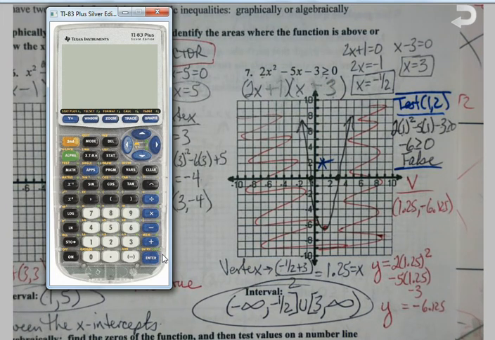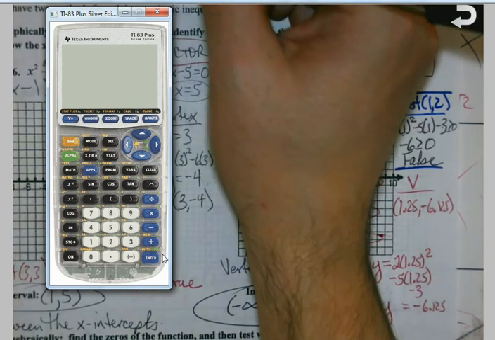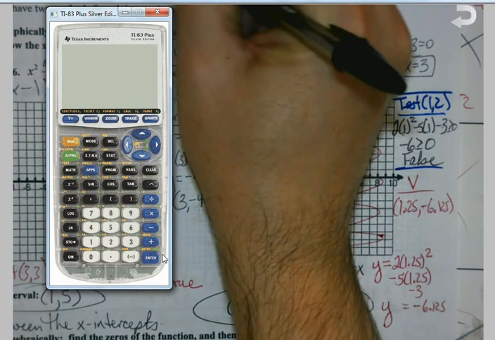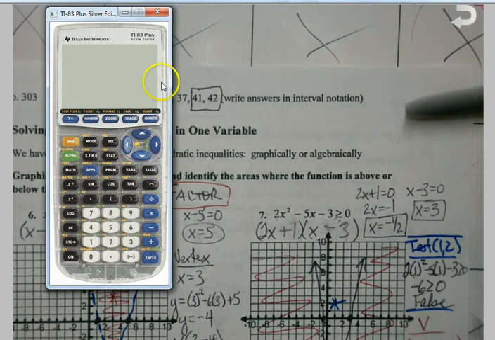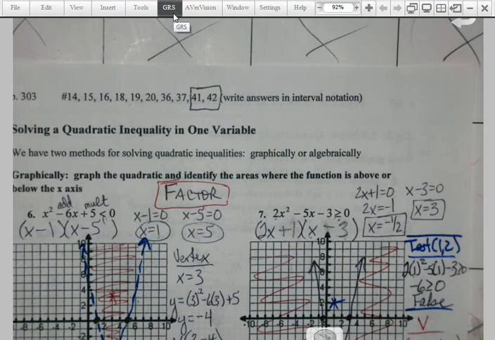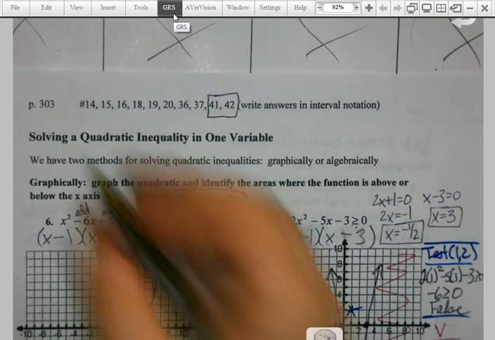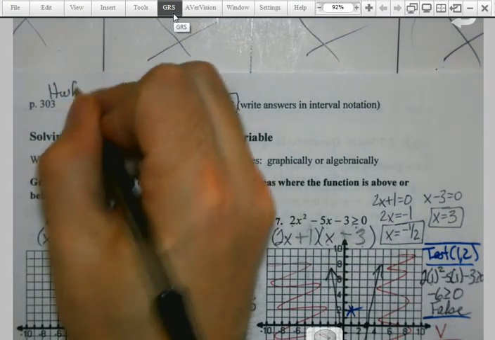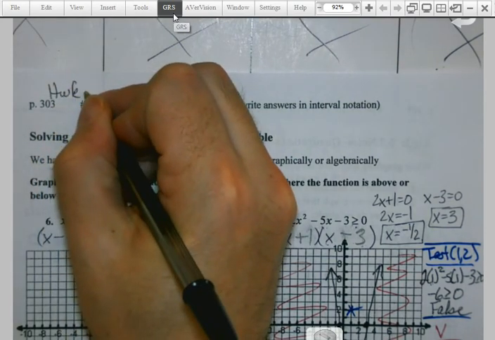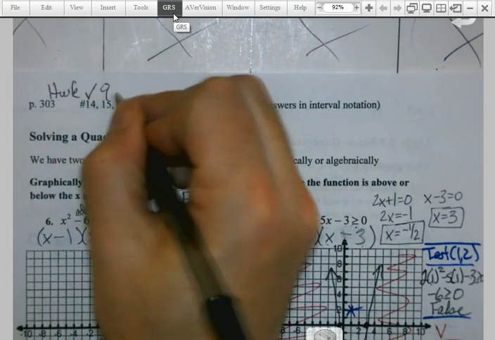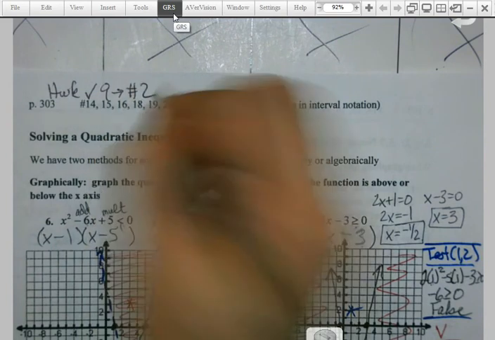Actually, that's not going to affect us very much, because the only two you're not going to be capable of doing at this point are the very last 2. But this assignment as a whole, when we get to it, will be in homework check number 9. This will be assignment number 2.